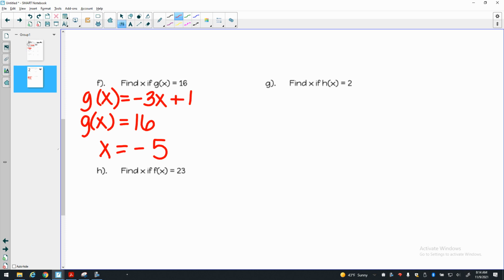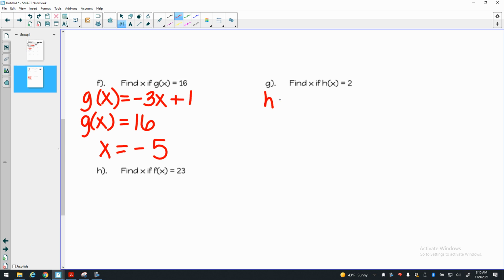Okay, let's look at g. What does g ask us? It says, find x if h of x equals 2. No, we're doing g. I'm looking at h. It's okay. Let's do g. Now, what is h of x? Can somebody read the equation for me?